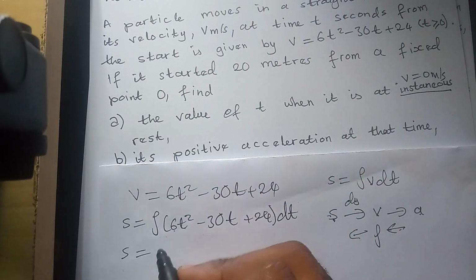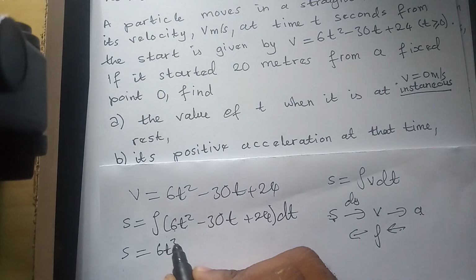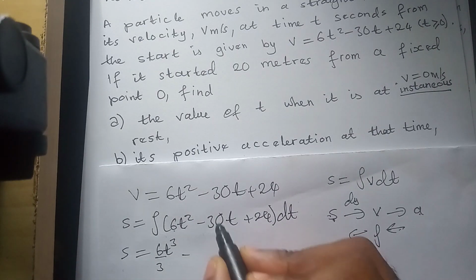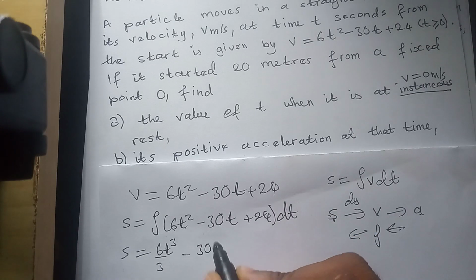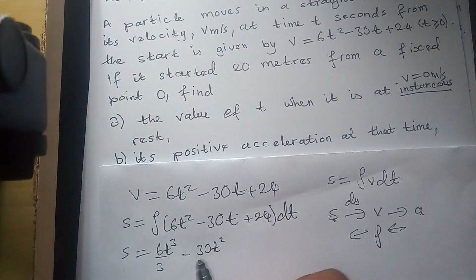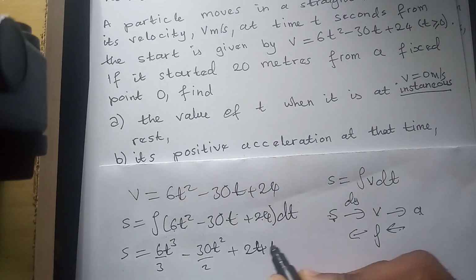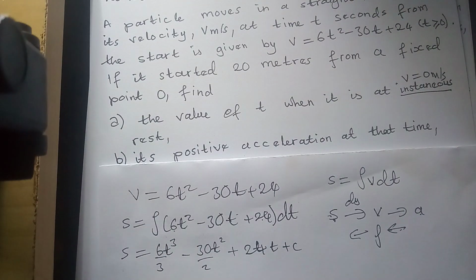So when I integrate this, the power will increase by 1, and then I'll divide by the new power. I integrate this, the power increases by 1, then I divide by the new power. This will be 24t, then plus c.